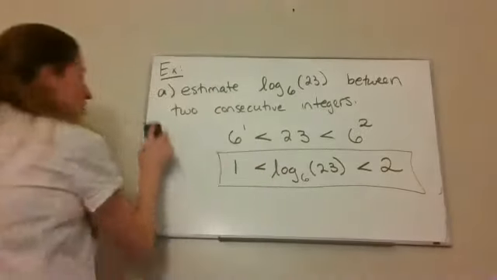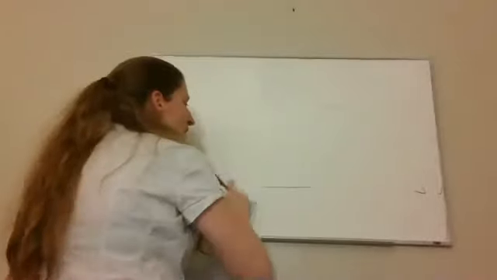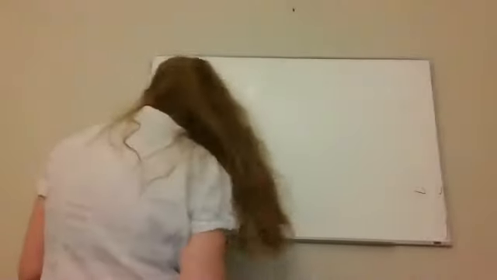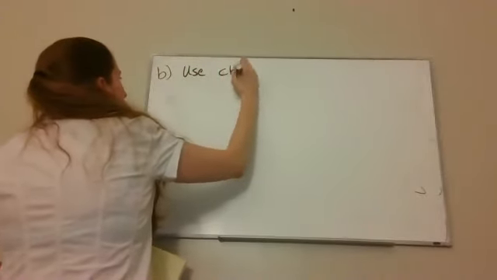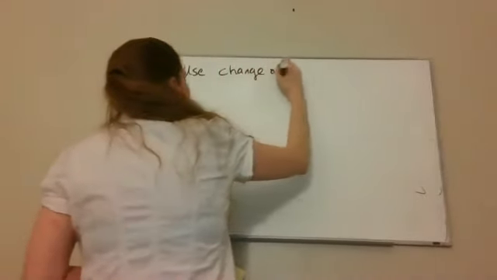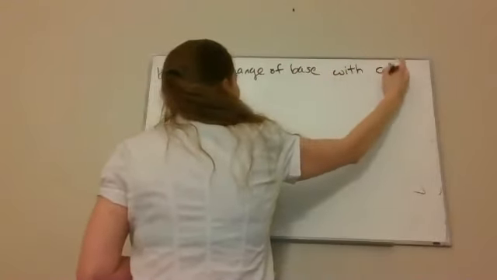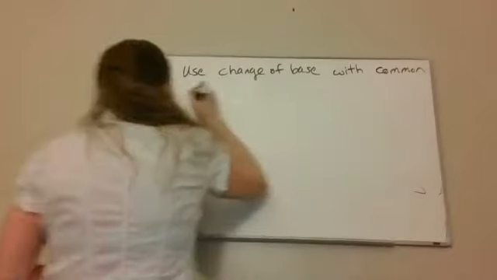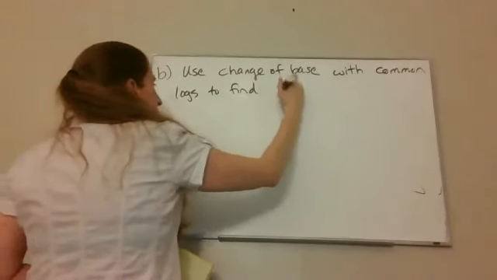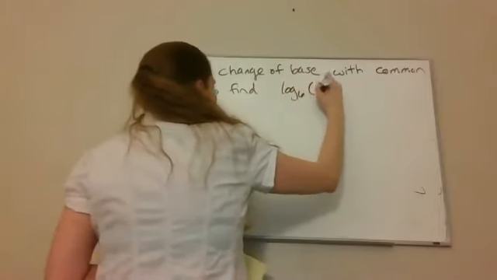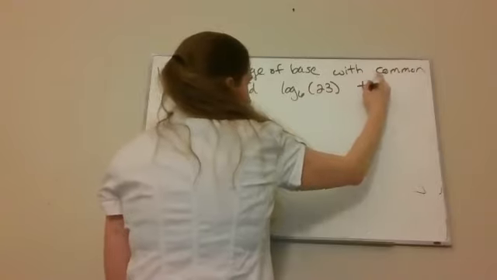Now I'm going to use the change of base formula to show exactly what this is. So part B, use change of base with common logs to find log base 6 of 23 to 4 decimal places.